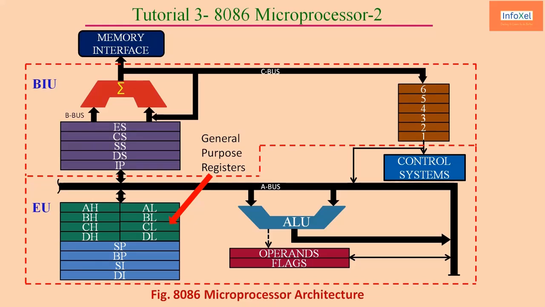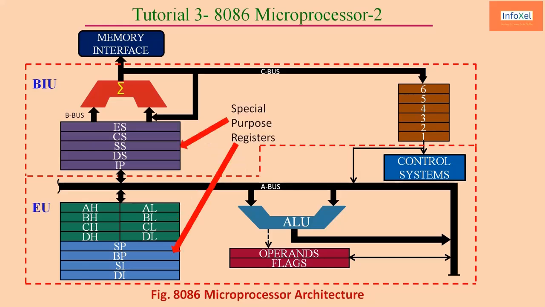These are the set of general purpose registers. Then we can see special purpose registers: ES, CS, SS, DS, the IP register, then the SP register, BP register, SI register and DI register. These are all special purpose registers, and it also contains the ALU, operands, flag registers and control systems.